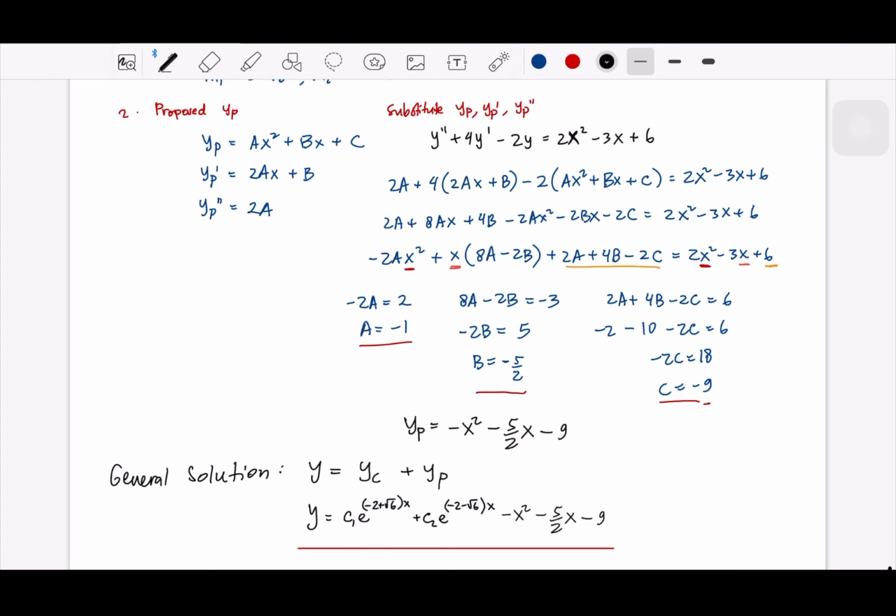And also, this yp depends on the right side of our non-homogeneous equation, right? So we can actually make a combination for this right side. So maybe we have this and maybe we have another form. That means our yp needs to add another form. For example, if this is quadratic, then our yp has a quadratic, because if we plug in, it's possible to solve and find the coefficients.